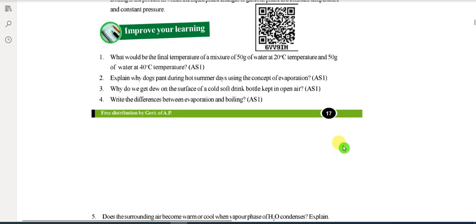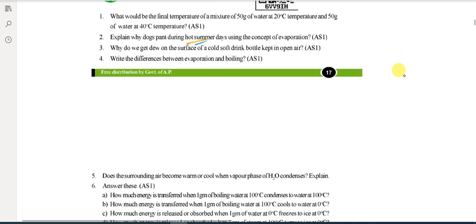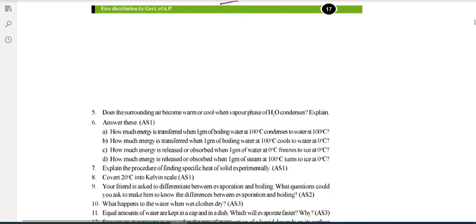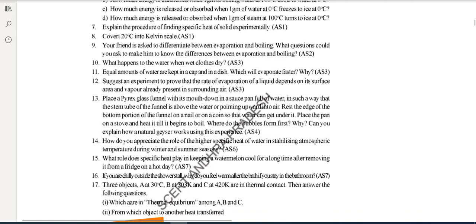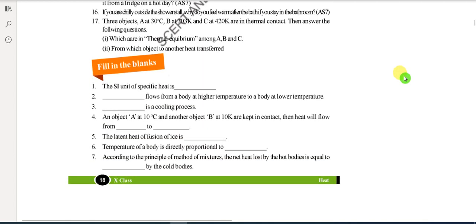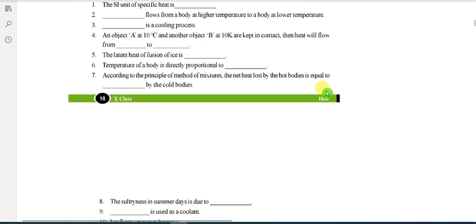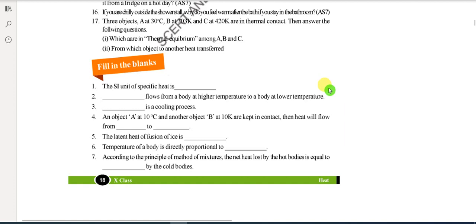Okay, and look forward, conversion, the first one. Panting, evaporation, and evaporation versus boiling question. Here, convert 20 degrees into Kelvin. And bits are very, very important. All of you read the bits.